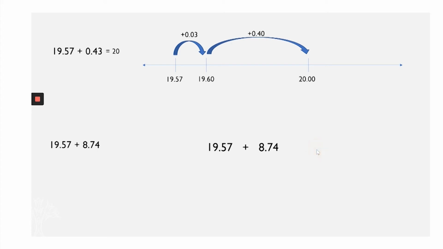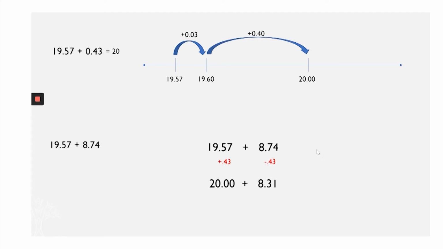Did you see any connections? Did you see that we already know that 19 and 57 hundredths plus 43 hundredths gives you 20? And if we give 43 hundredths to this addend, then we have to take it from the other.